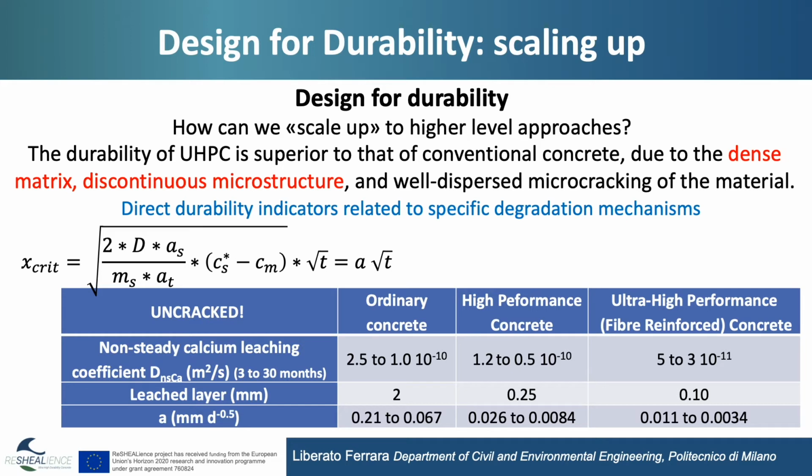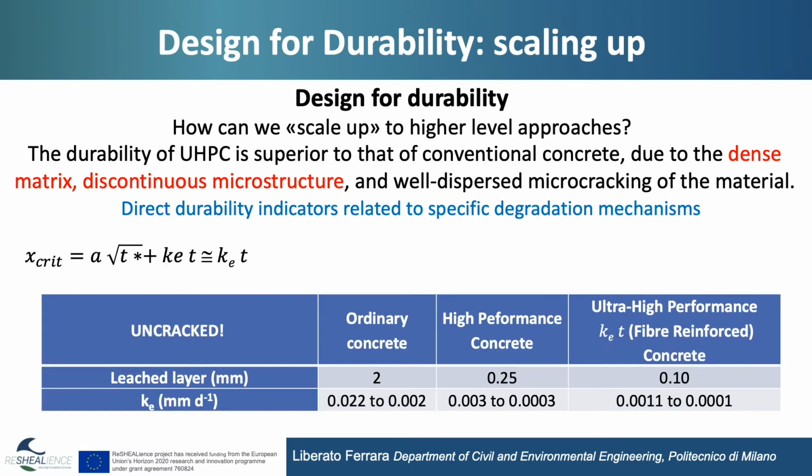There is also the quantification of the A coefficient in the case of the leaching mechanism, where it depends on the square root of time, and a quantification of the proportionality coefficient in the case of leaching and erosion. Do not focus on the exact numbers, focus rather on the order of magnitude, because, as we said, these are data which come from the literature and still need to be agreed upon.